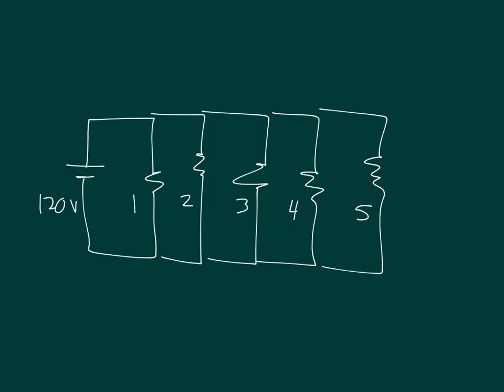Now, since it's in parallel, we think about our parallel laws. And before we can begin this problem, I need to tell you what the problem would ask. This problem would ask the following. Determine the current provided by the voltage.